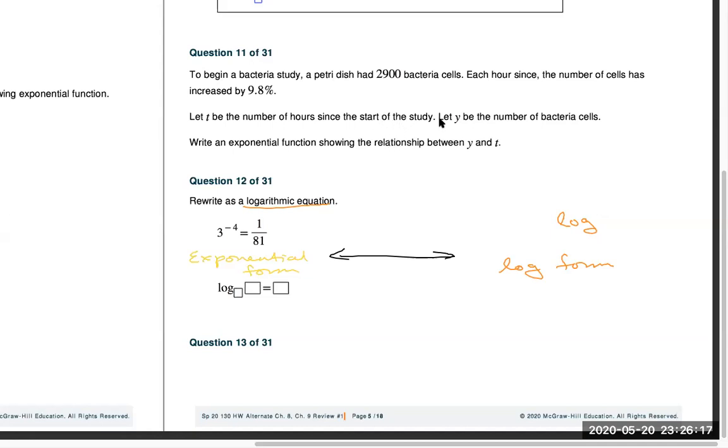Okay, so I remember our form was a to the x power equals y.